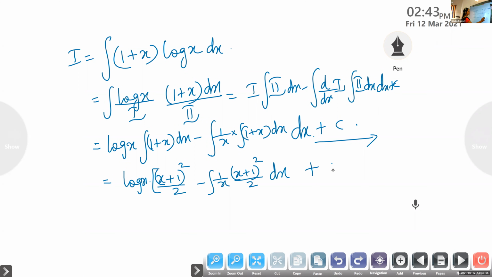Now can you give the next step, Karthik? It is x plus 1 the whole square by 2 into log x minus 1 by 2, you can take it outside, isn't it?